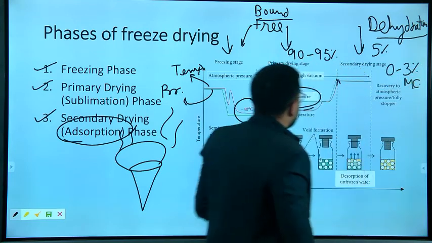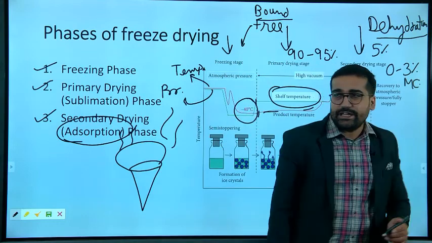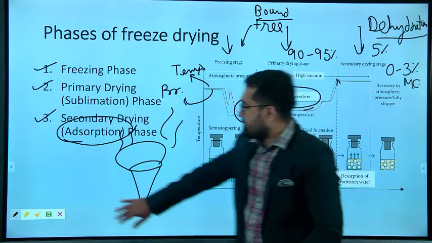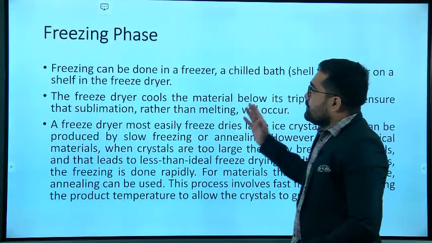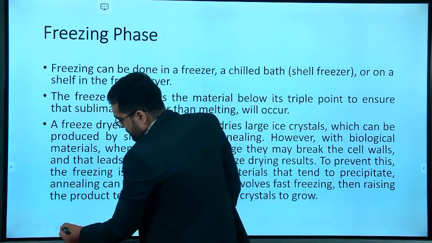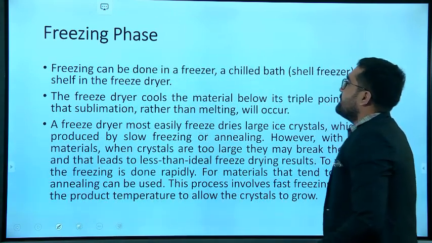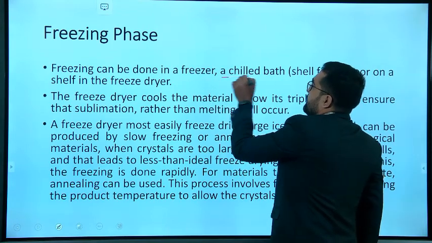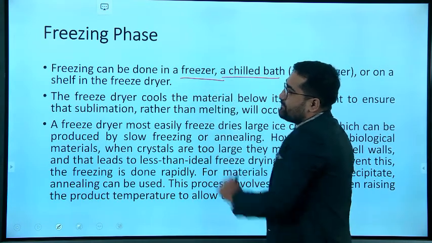So, this is how the different phases of freeze drying work. We will see all these phases in detail. So the first phase was the freezing phase. Freezing can be done by various types of freezers. Okay, so a chiller bath can be used, or we can directly put our product inside a freezer.